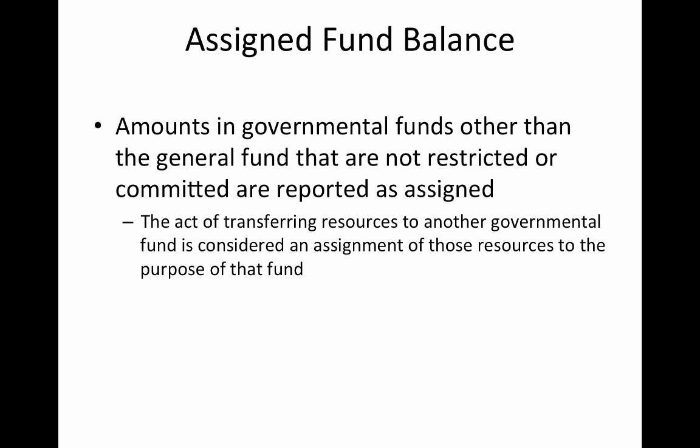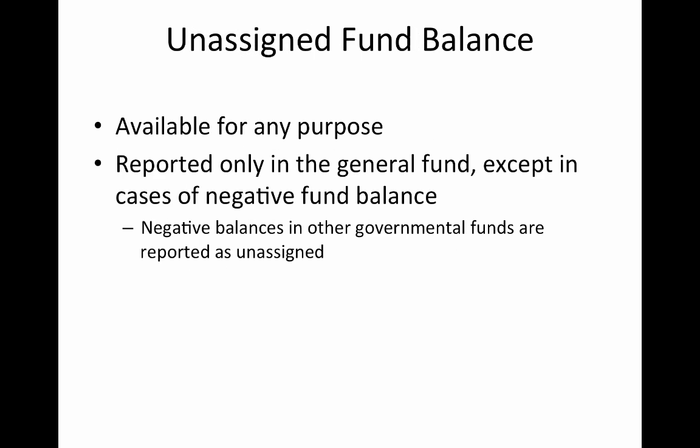You typically don't see any numbers at all on the unassigned fund balance line unless they're negative numbers, and that means that the government spent more in that fund for purposes than it had resources available, and therefore those negative numbers are placed on the same line as unassigned fund balance, because if the resources weren't available in that fund, where did they come from?